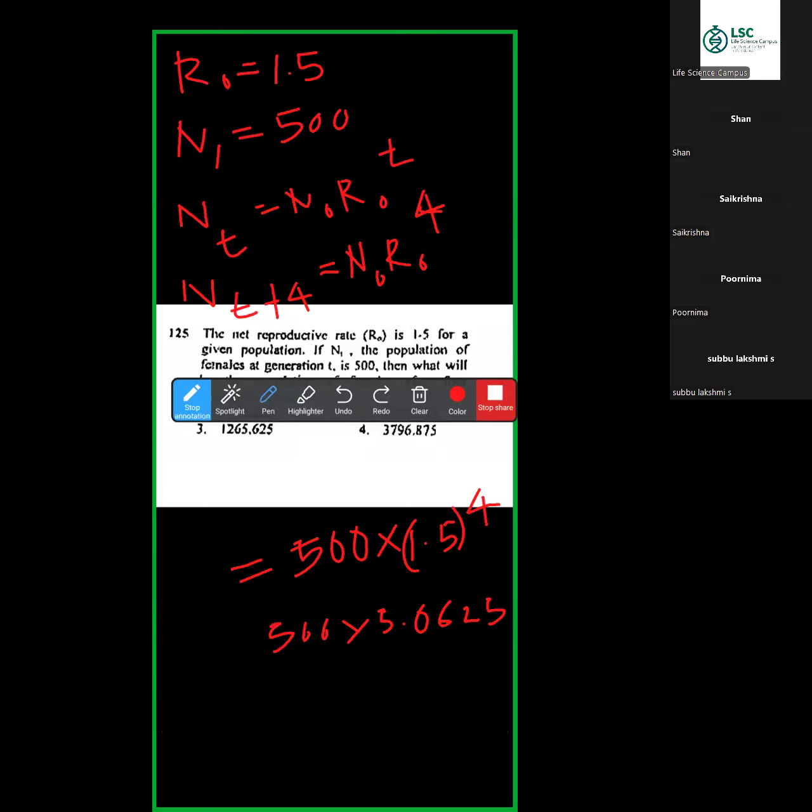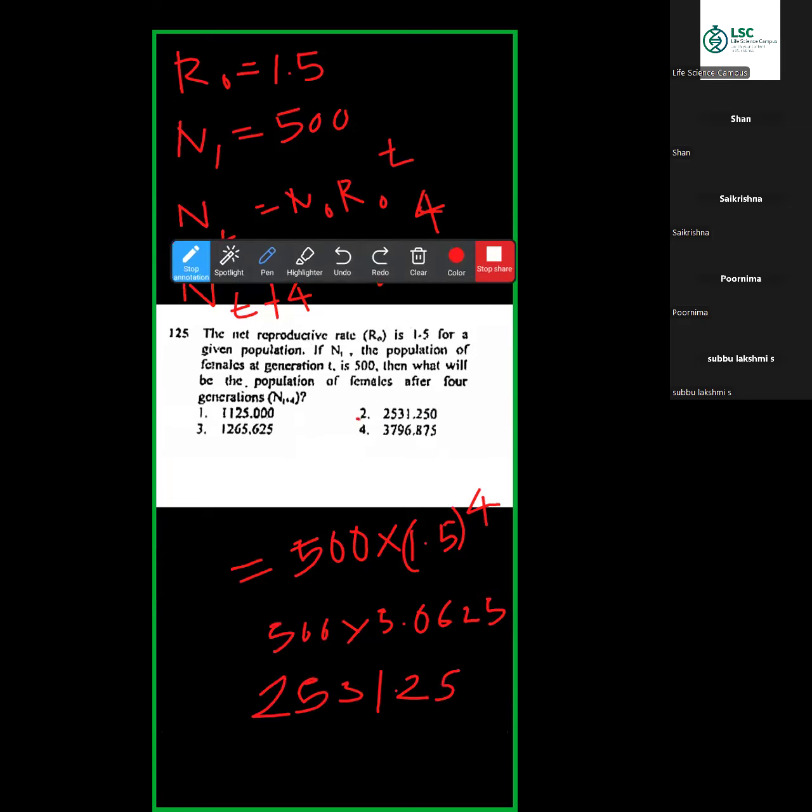So we will get 2531.25. So the second one is the right answer. Here all the values are given. We have to remember this equation and substitute these values in that equation.